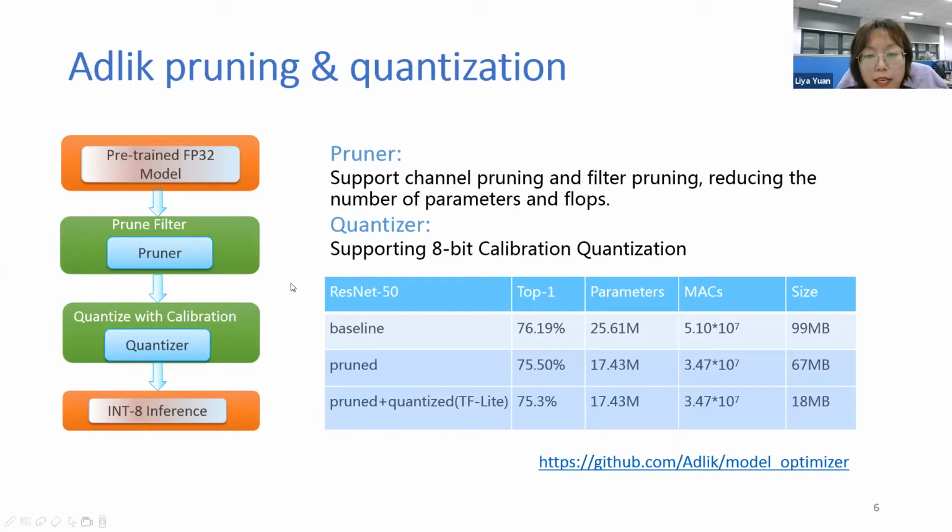Take ResNet 50 as an example. You can see that the baseline has a top 1 accuracy of 76.19%, and the pruned network has just a little bit of accuracy loss.